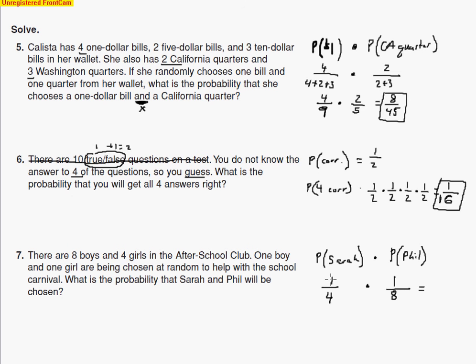So the probability of selecting Sarah and Phil, again, the key word is "and," so when we see the "and," that's when we multiply the probabilities. 1 times 1 is 1. 4 times 8 makes 32. And that's our probability of selecting Sarah and Phil. And so there it is, 1 chance out of 32 different chances.